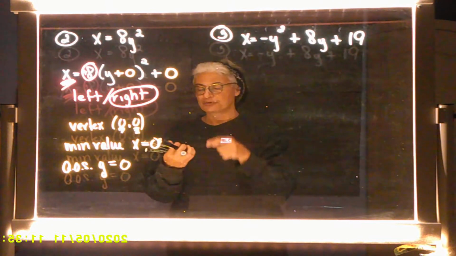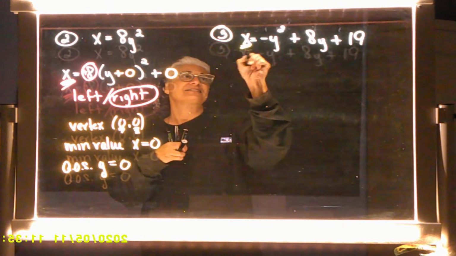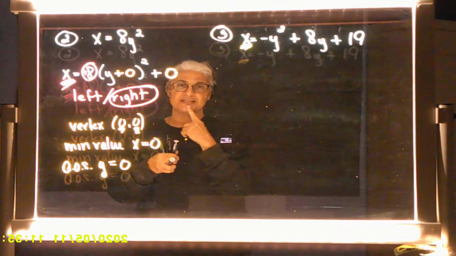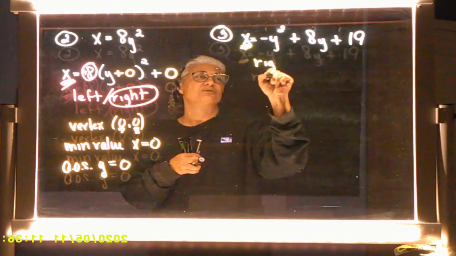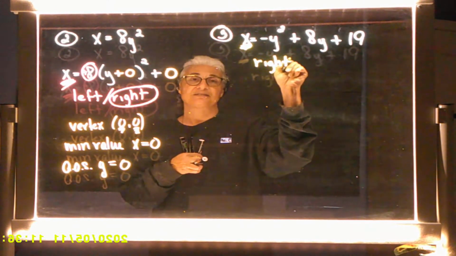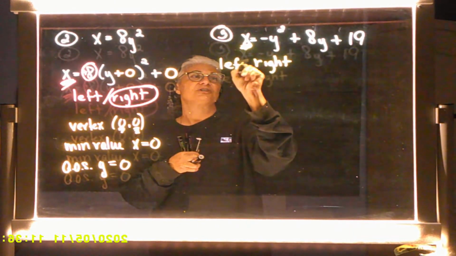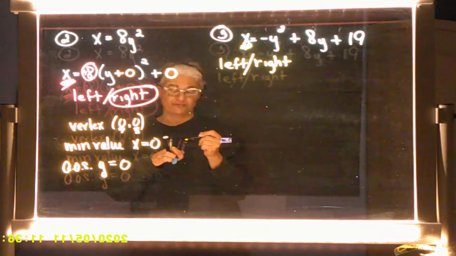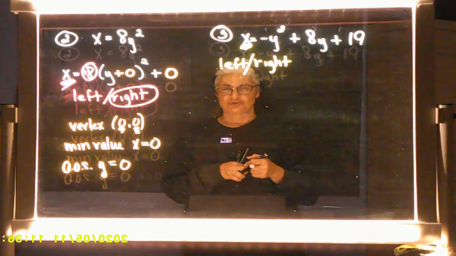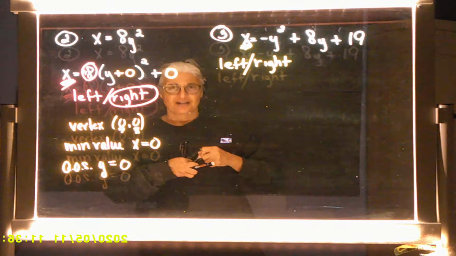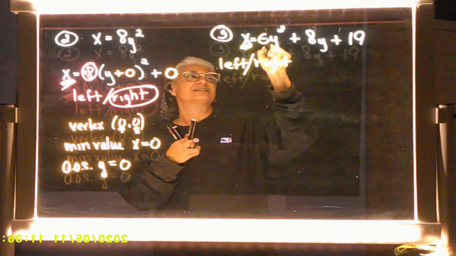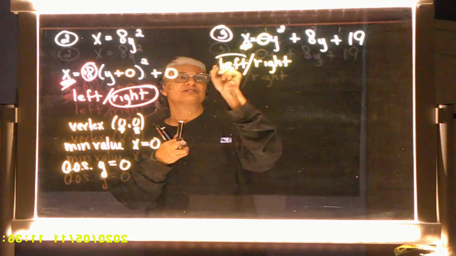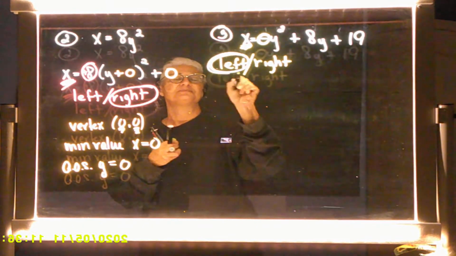Oh, excuse me, I said it incorrectly. I see this x equals, which means it's either going to go left or right, isn't it? We're going to have to figure out which way it goes. Do you know already? I think some of you've got it. Because of this negative sign in front, it is going to go to the left.